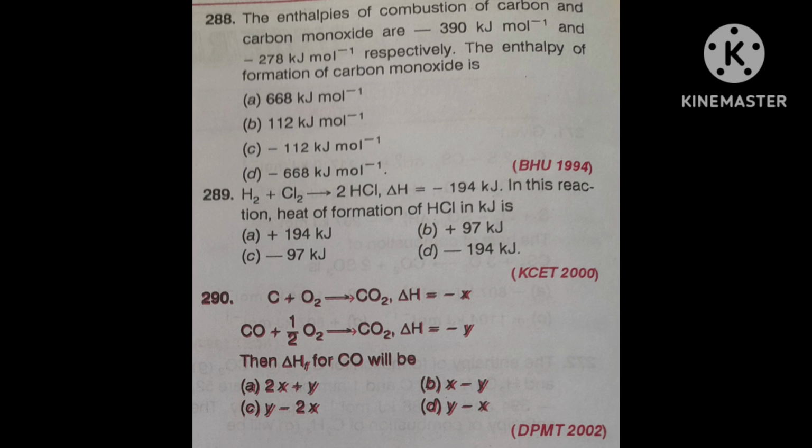Equation 1 is minus x minus equation 2, minus x minus in bracket minus y, then minus minus is plus, so minus x plus y, that you can write as y minus x. Hence the correct answer is option D. This question was asked in Delhi Medical, DPMT. Next question I am telling you, now onward questions will be based on heat of neutralization.